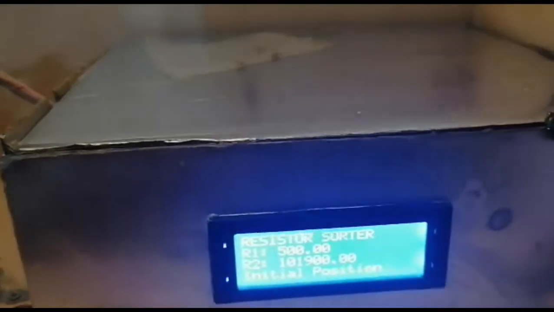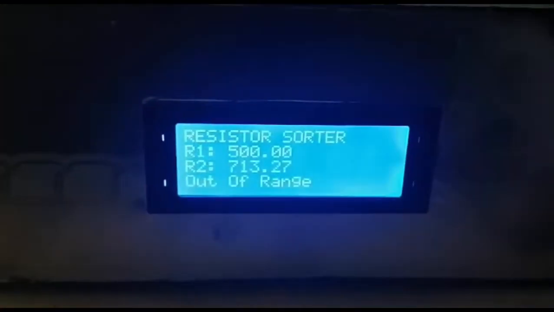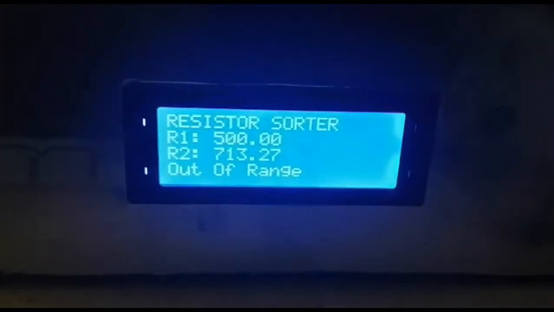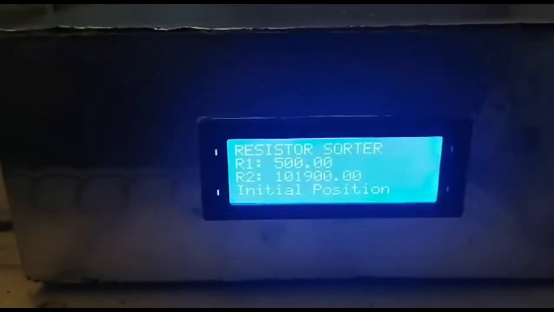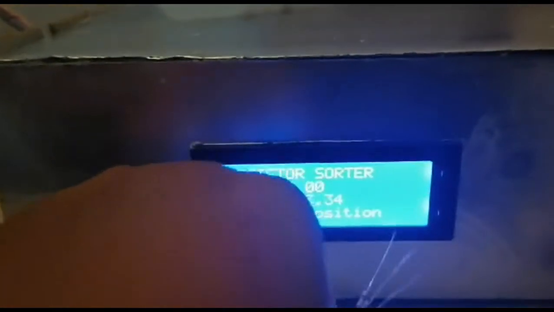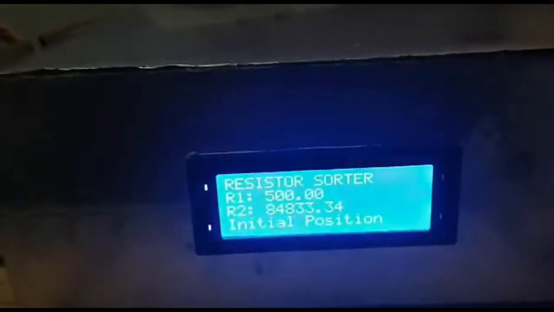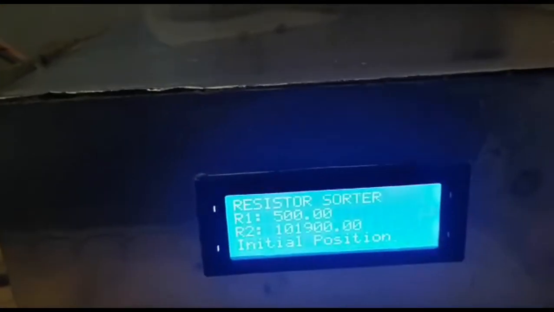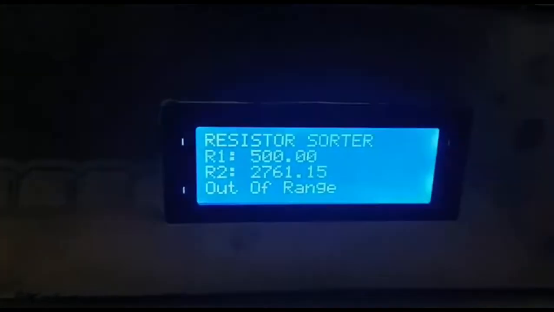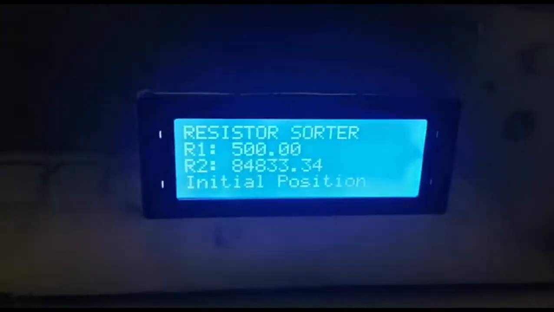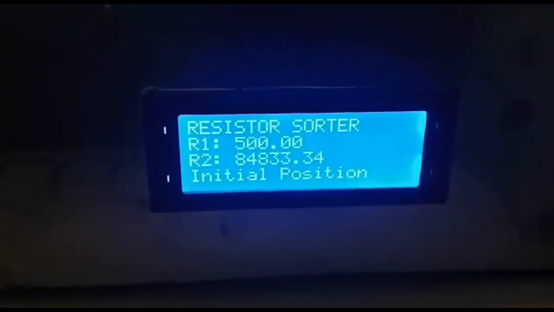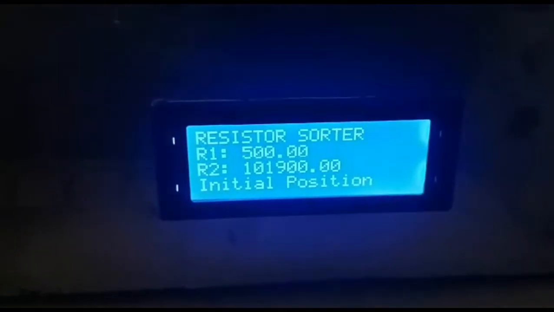For the next one, I take the 730 ohm and put it here. As you can see, the value is 713, out of range. Then for the next one, I take the 4.7 kilo ohm. When I put it in, as you can see, this is 2.7, so out of range, around 2.7 kilo ohm.